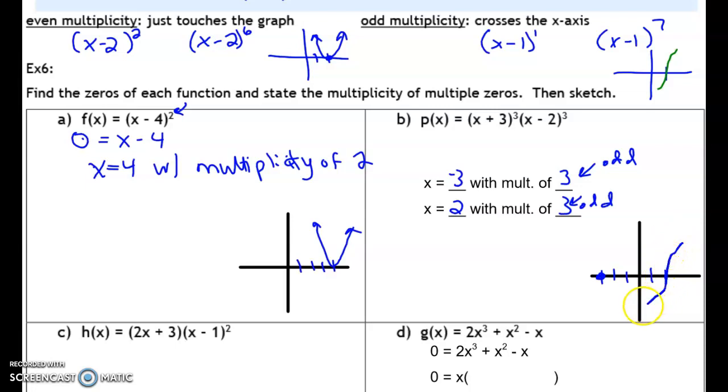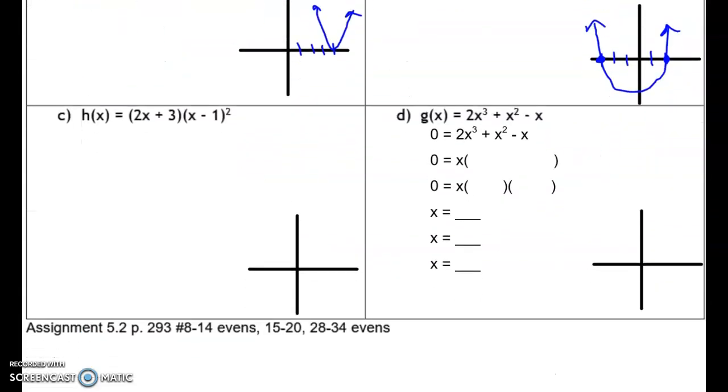It's just going to go through the axis. There you go. Now, this might not be exactly what the graph looks like. It might have something else going on right here, and maybe over here since it was to the third power. But as long as we can get the general idea of where it's crossing the x-axis, that's good.